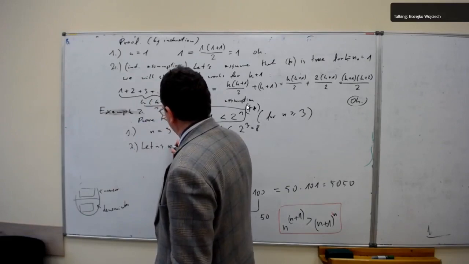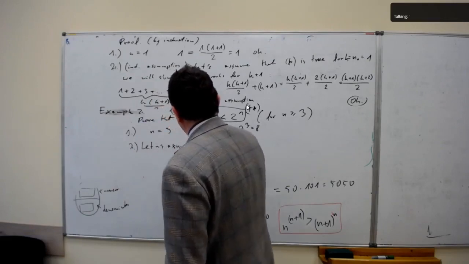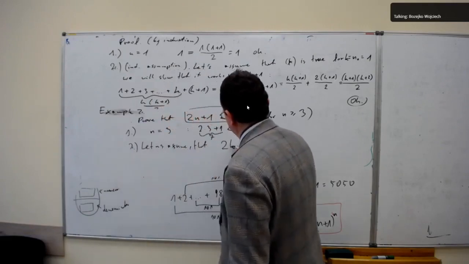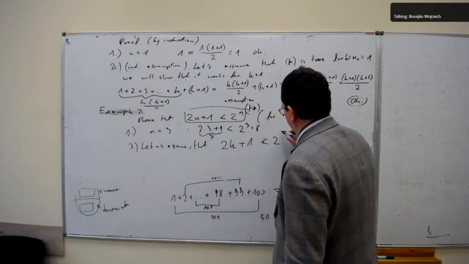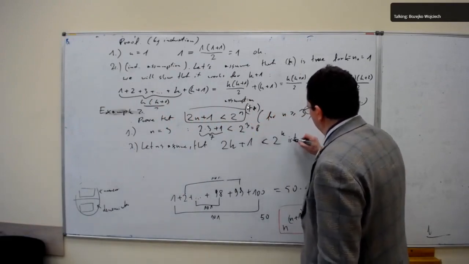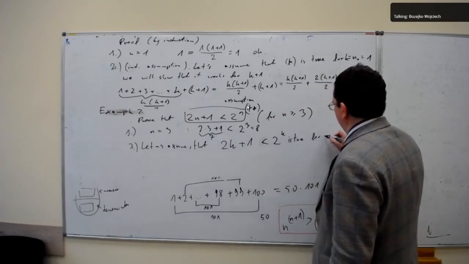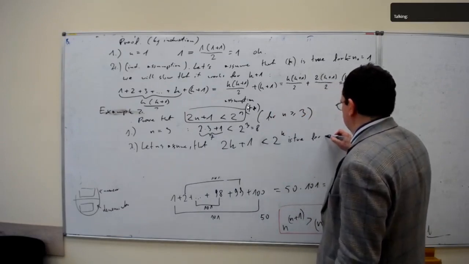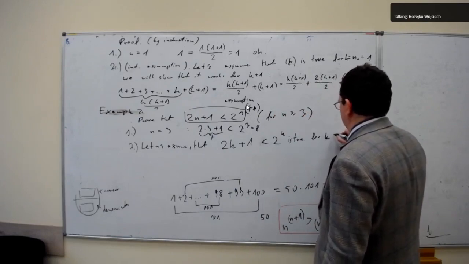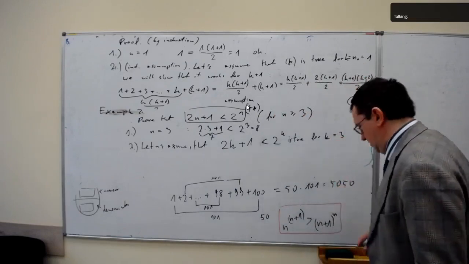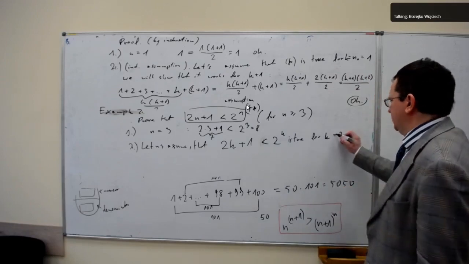Let us assume that 2 times k plus 1 is smaller than 2 to the power of k is true for k equals 3. Or even smaller.